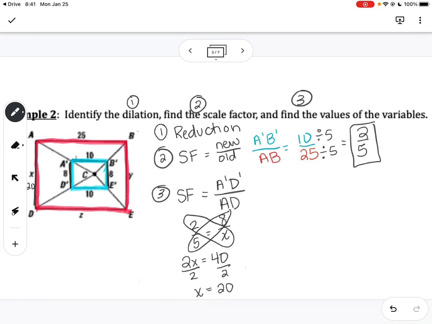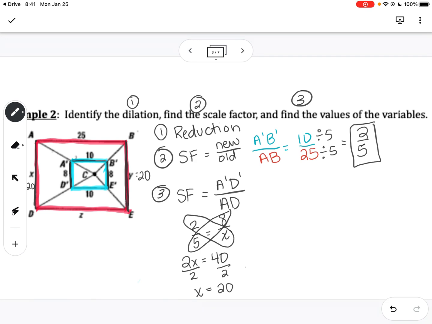Something I notice is that the side opposite of A prime D prime is B prime E prime, and it has that same length. So if A prime D prime and B prime E prime are both 8, then the original side, BE, would have to have that same ratio, so it would also have to be 20. So x is 20 and y is 20.